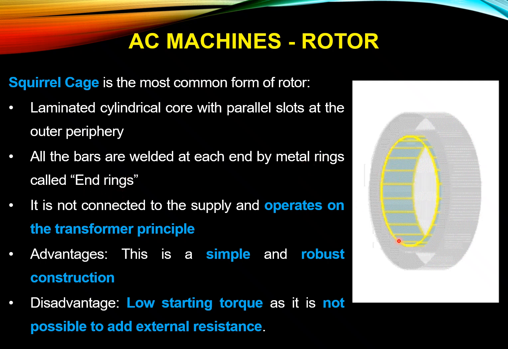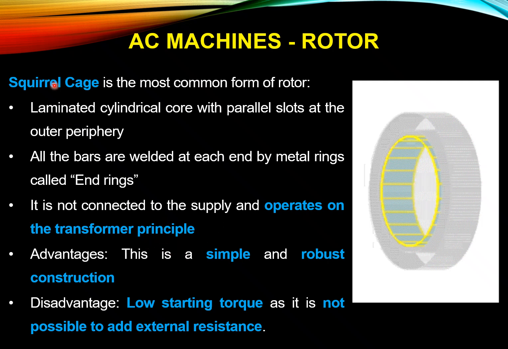You can see inside. It operates based on the transformer principle. I believe the transformer and the AC parts all use almost the similar principle, the induction of the EMF, electromotive force.